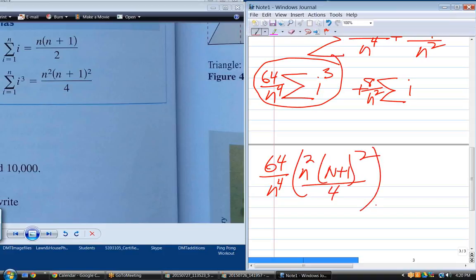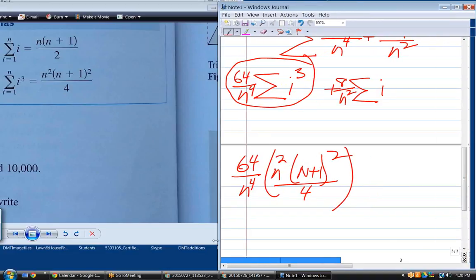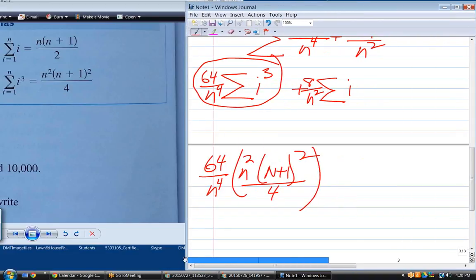The limits are still in there. It's still all to the limit of n. We're going to figure out what this thing is as n goes to infinity. I didn't write the limit. I need to. Thank you.